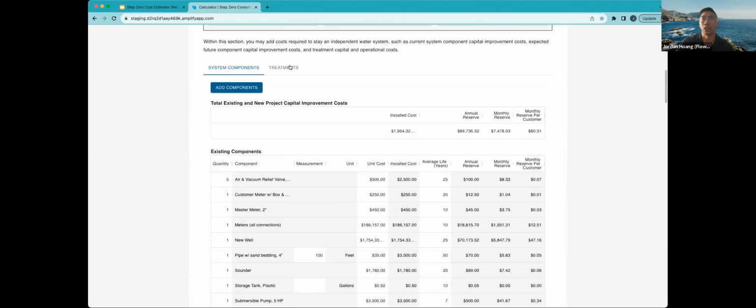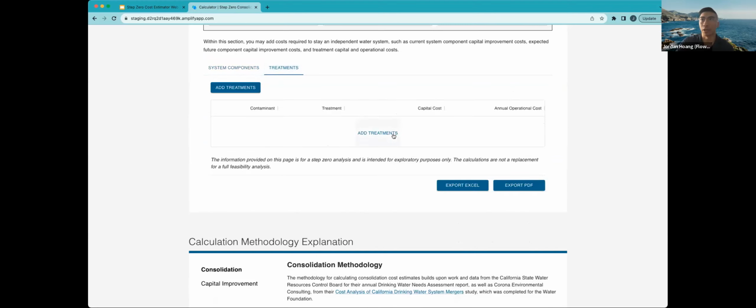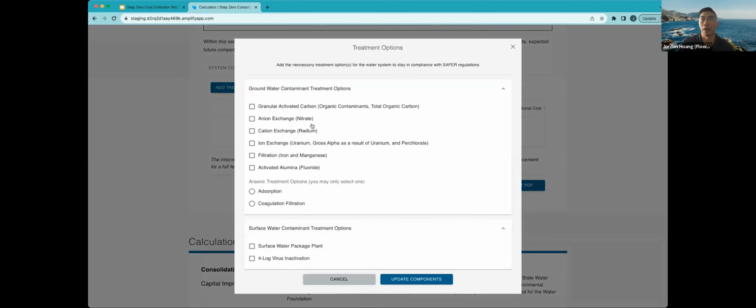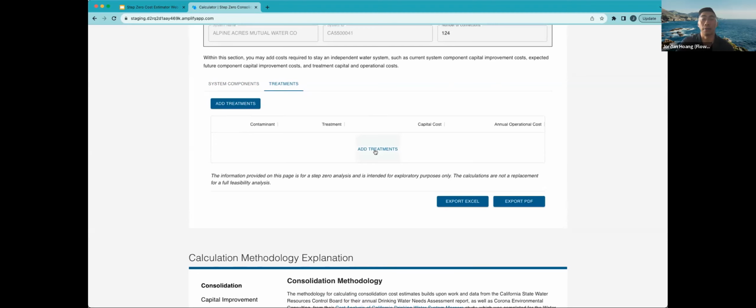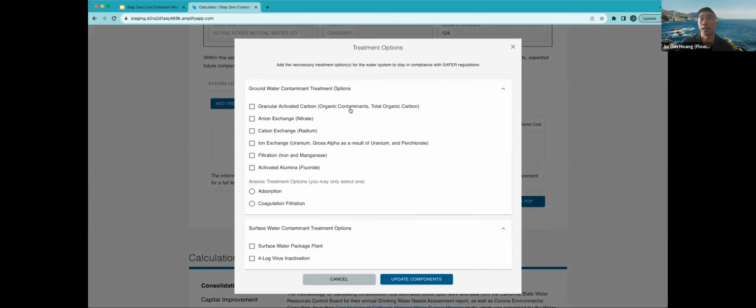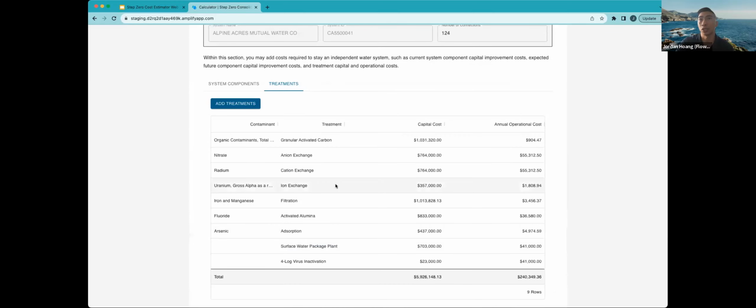And then what I mentioned earlier was, after initial feedback, we got a lot of points that treatment costs are very important in the calculation of costs. So we worked on adding that. And again, I'm just going to add all of these to give a good idea of what the application is doing.